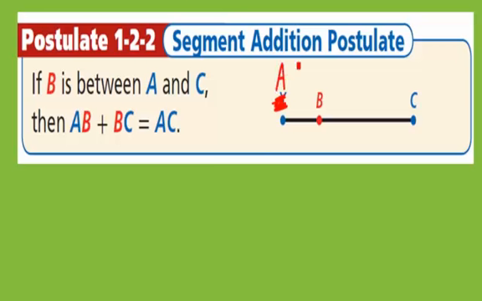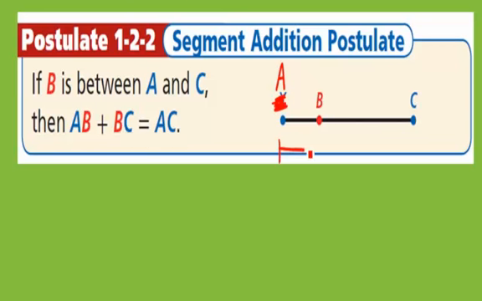So the segment addition postulate says if B is between A and C, so we have point B here, and it is collinear. It lies on a line with points A and C. So that's what it means to be between. It's between A and C. Then AB, the length of segment AB, plus the length of segment BC equals the length of segment AC.